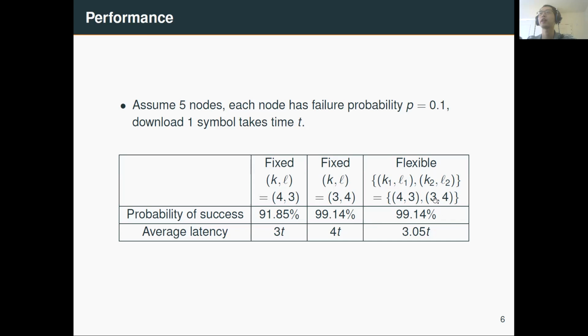And if we have 4 available nodes, we only need to download 3 symbols in the available nodes, thus resulting in 3.05t as our average latency. In this case, you can see that we maintain the maximum failure tolerance, while we also reduce the average latency.